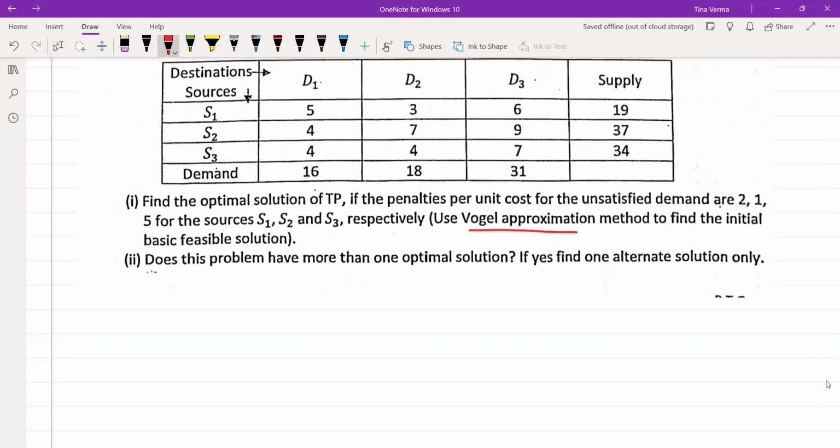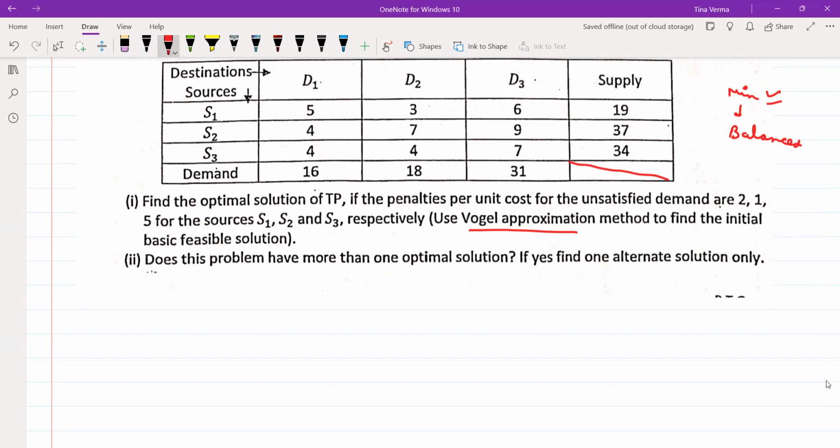First and foremost, you have to check that it should be minimization, that the costs were given. Next, you have to check whether it is balanced or not. So if you check, it was not a balanced transportation problem. So what is the issue?